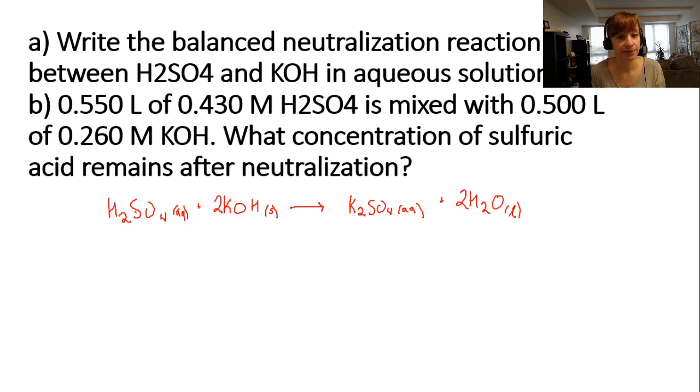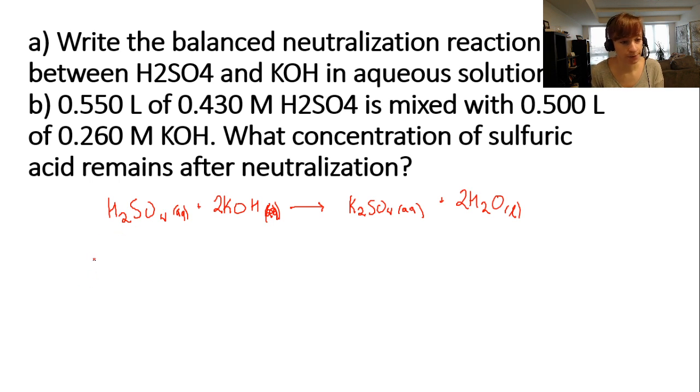So like I said earlier, if you're stuck, the best way to start is to calculate moles. So what we're going to do is calculate the moles of sulfuric acid and the moles of KOH. So now instead of giving us the mass of each, it gave us the liters of each and the molarity of each solution. So sorry, this is aqueous because it's in solution. Okay.